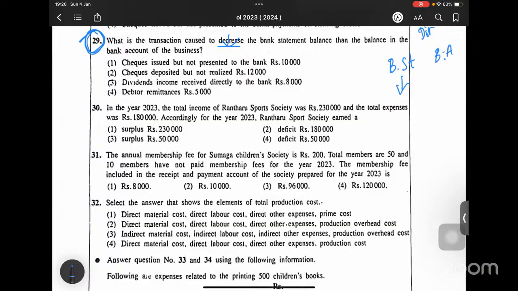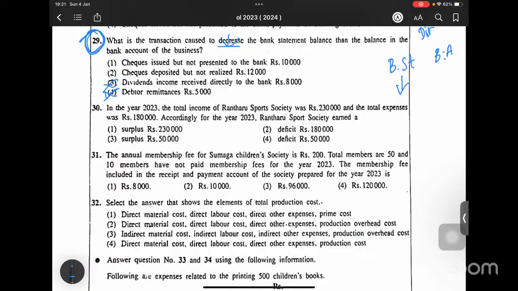Debtors' remittance. If debtors have remitted, then will our bank statement be increased or decreased? Increased. Yes. If dividend income has been received to the bank, that is also a direct remittance, then the bank statement will be increased.